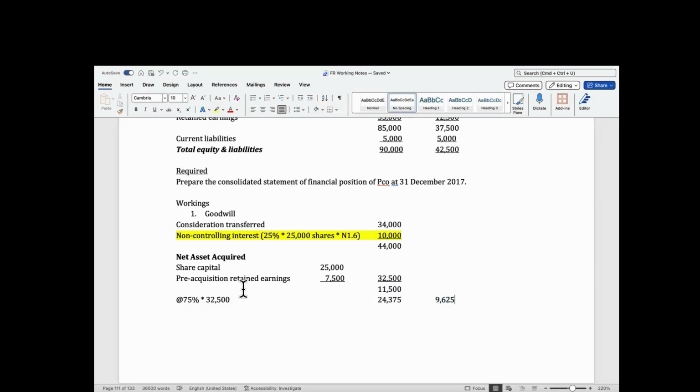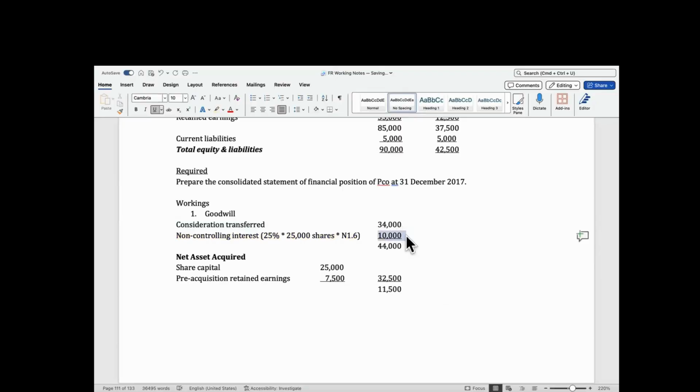If you do it like that. Alternatively, we want to calculate just that of the NCI alone.